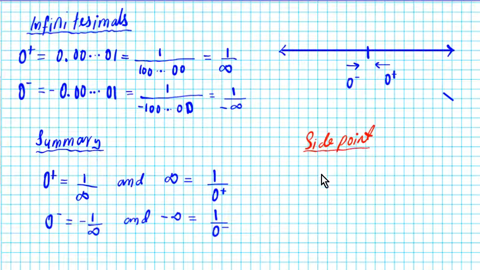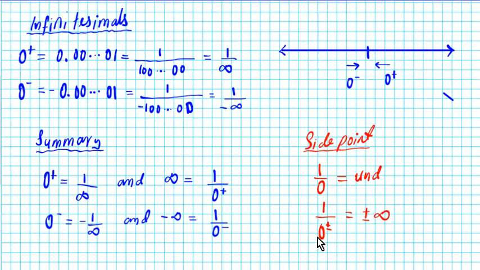Now just a side point. If you have something like 1 over 0, or a number over 0, it is described as being undefined. Now why is that the case? The reason why 1 over 0 is undefined is because it represents two numbers. Since it doesn't have a sign, you assume that you're coming from the left and right, and this is equal to positive or negative infinity.